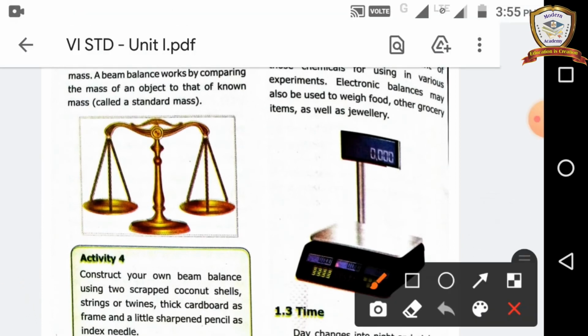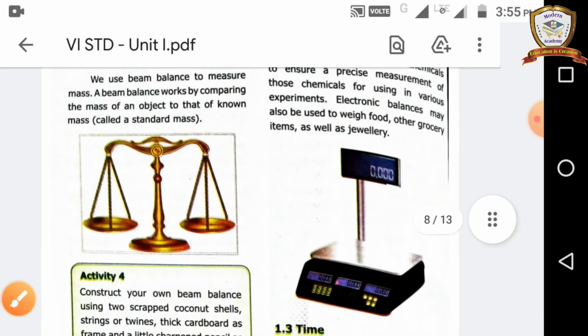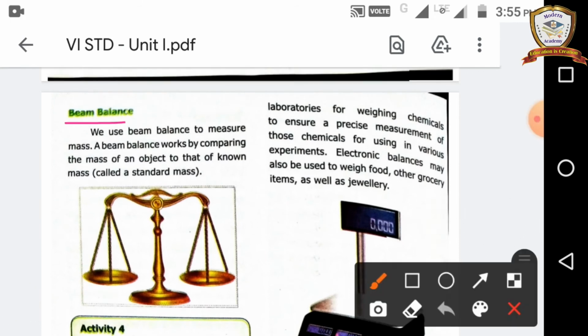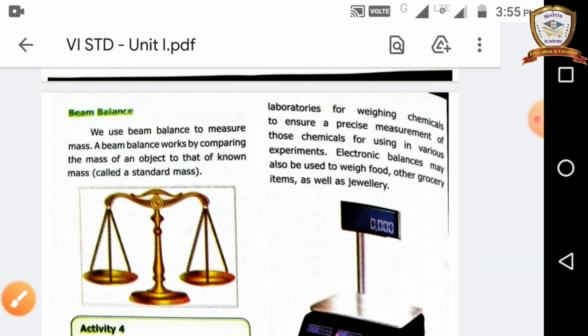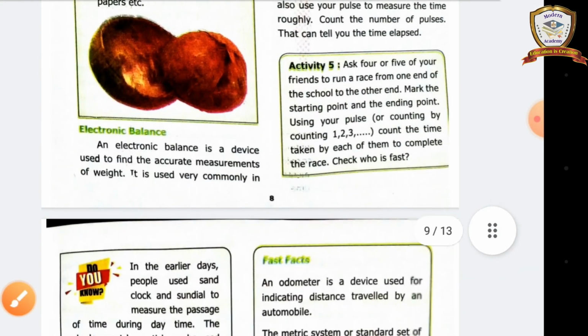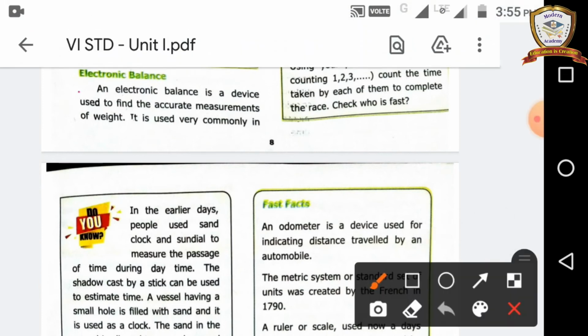Next heading, beam balance. We use a beam balance to measure mass. A beam balance works by comparing the mass of an object to that of a known mass. The next one, electronic balance. An electronic balance is a device used to find accurate measurements of weight.